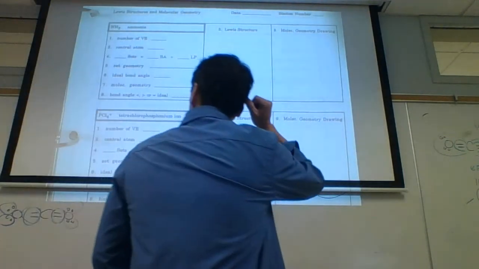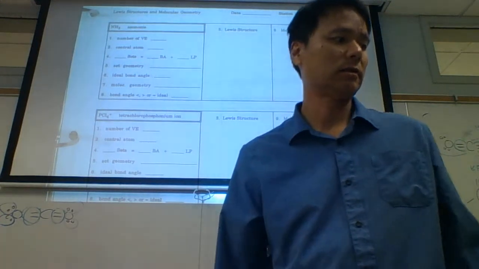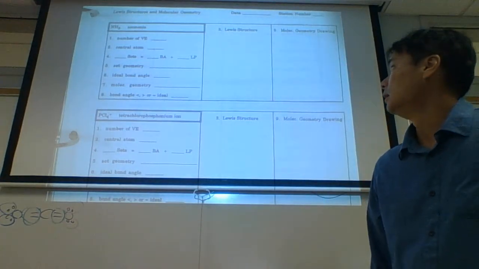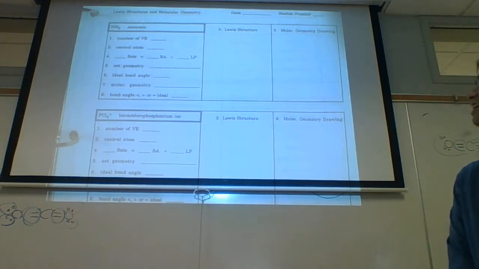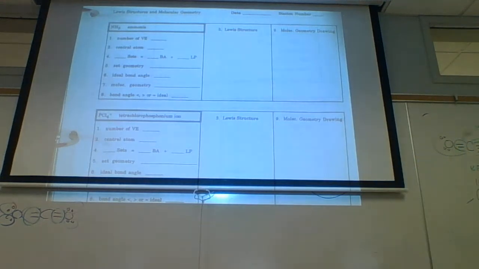First molecule is ammonia. We already did that. The number of valence electrons, 8. The central atom, nitrogen. How many sets, or how many groups of electrons, around nitrogen?